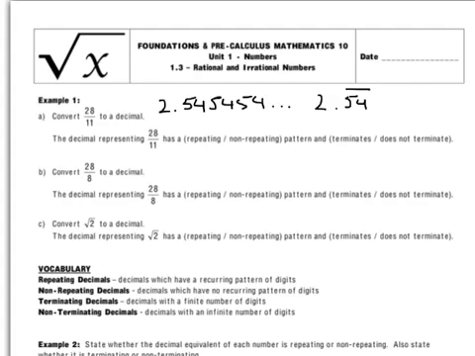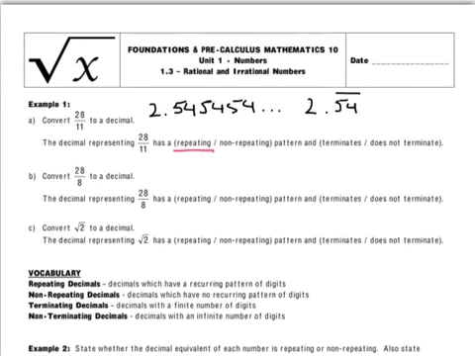The decimal representing 28 over 11 has a repeating pattern and does not terminate. It does not terminate. So repeating and non-terminating. This would keep going on forever. 2.54545454 and so on. Okay.